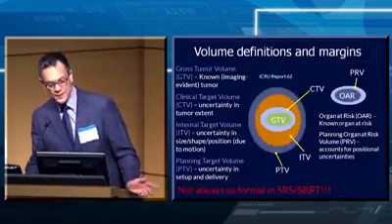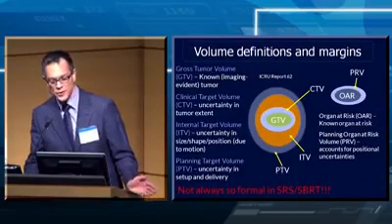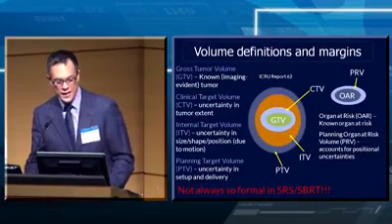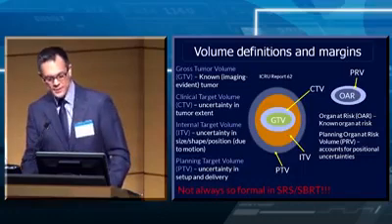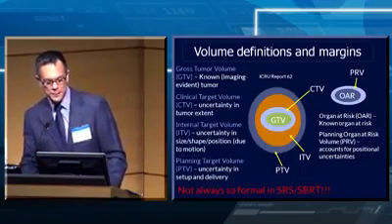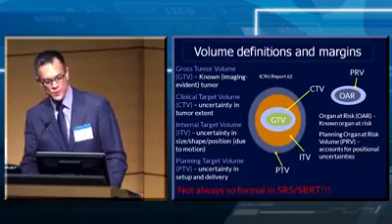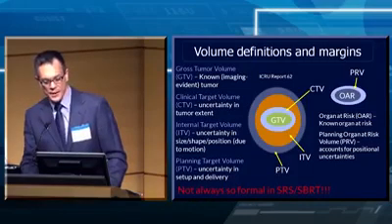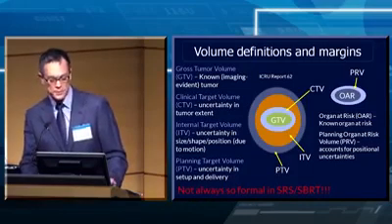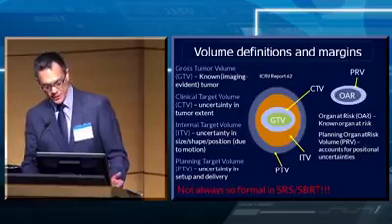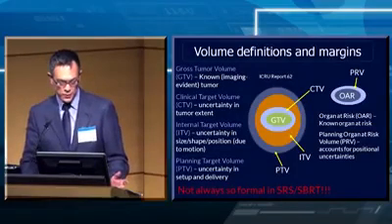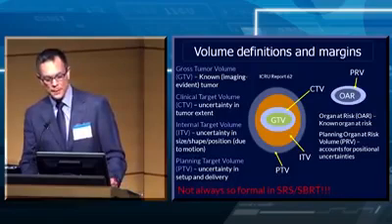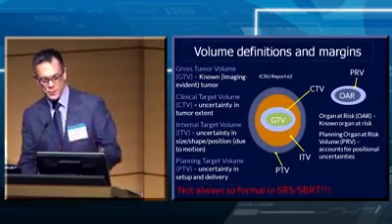So the last set of definitions I'm going to talk about today is what we usually do about that in radiation oncology. There's a whole set of margins that have been developed that account for different sources of uncertainty. So you might hear people say, I'm going to prescribe some amount of dose to the PTV, which is the planning target volume, or the GTV, which is the gross tumor volume. So that's what these things are.